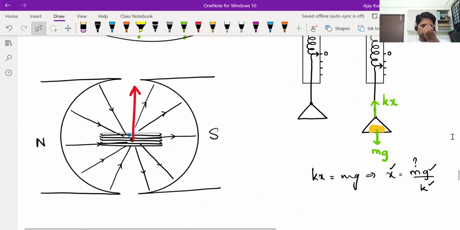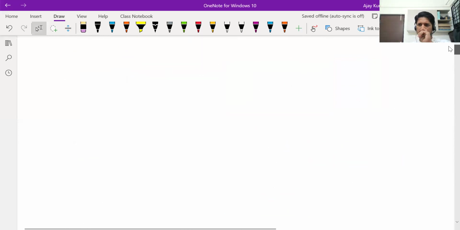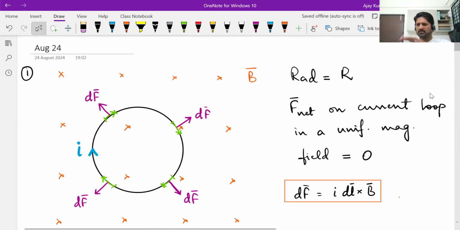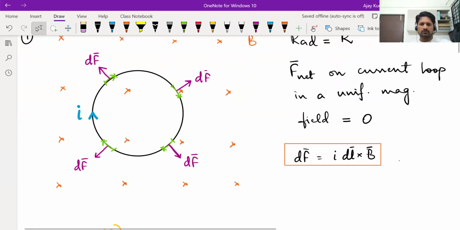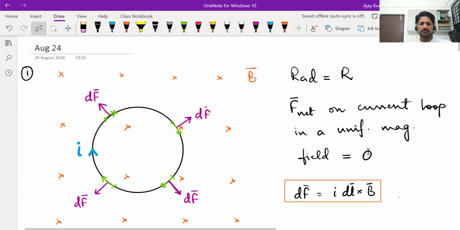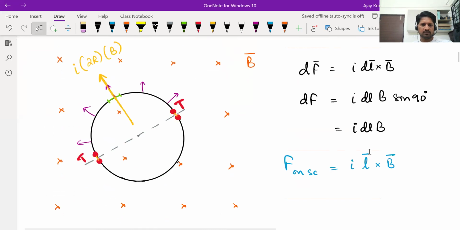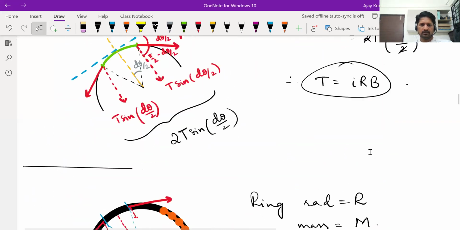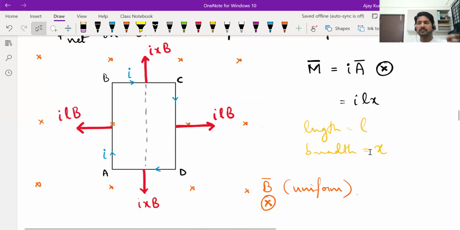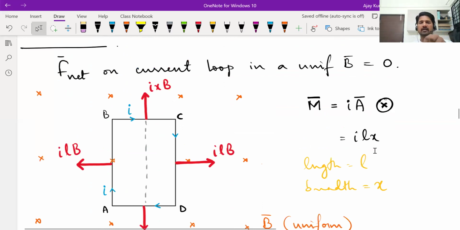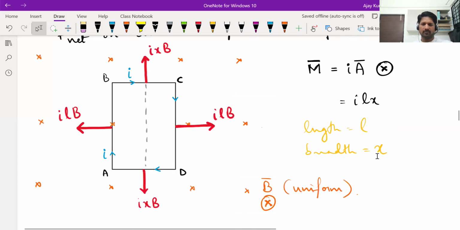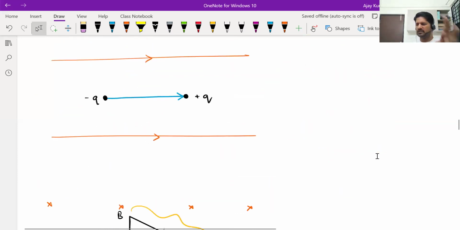Fine. So let's quickly go through what we discussed today. Conversion of galvanometer to ammeter, and questions based on galvanometer, we'll discuss in the next class. First we discussed tension based problems. Then we moved on to torque experienced by a current carrying loop in a uniform magnetic field. We did that elaborate derivation where we considered a rectangular loop. We found forces acting on each side of the rectangle.